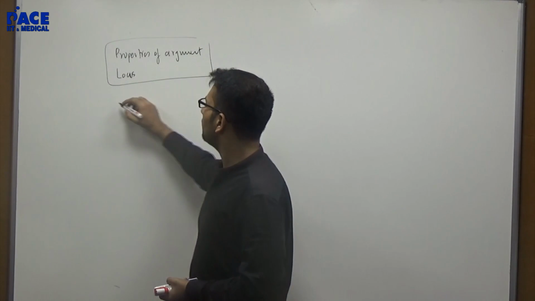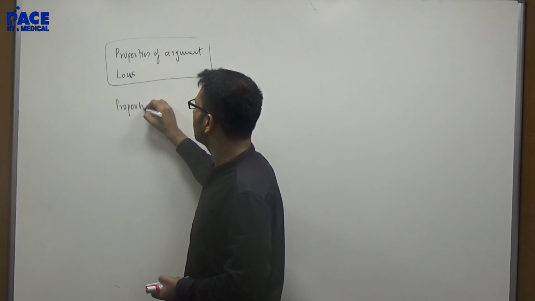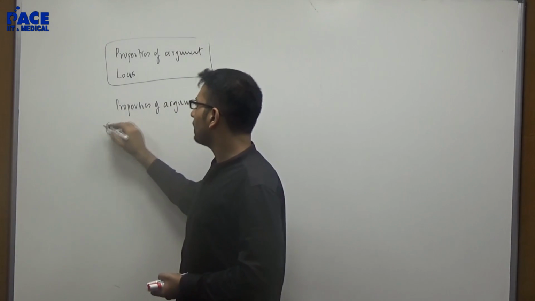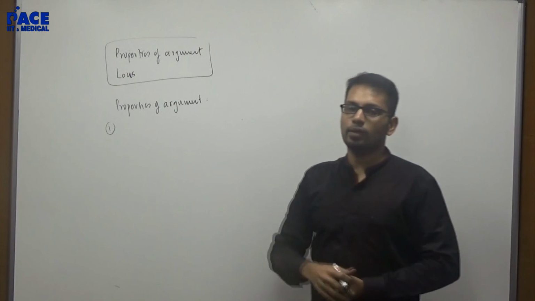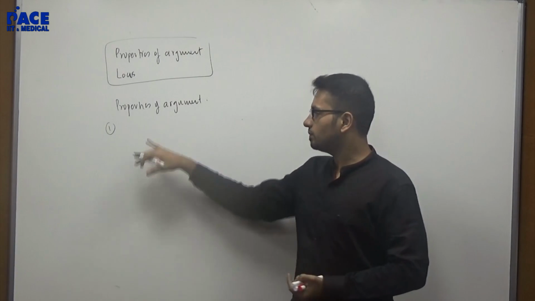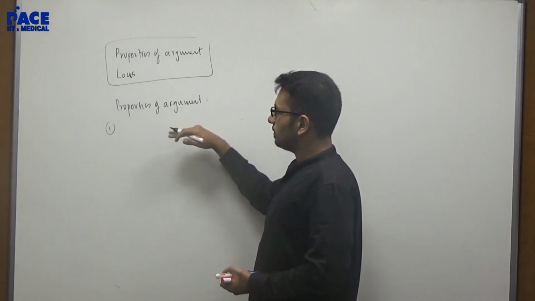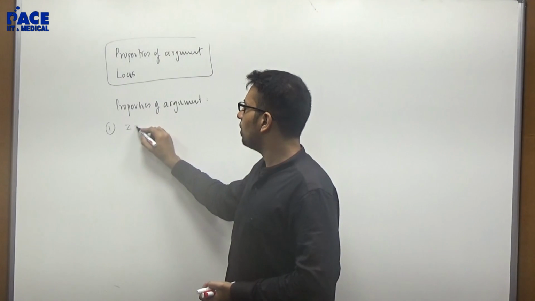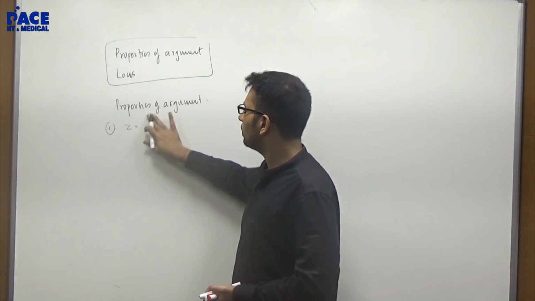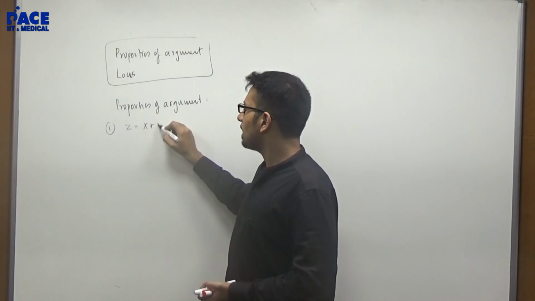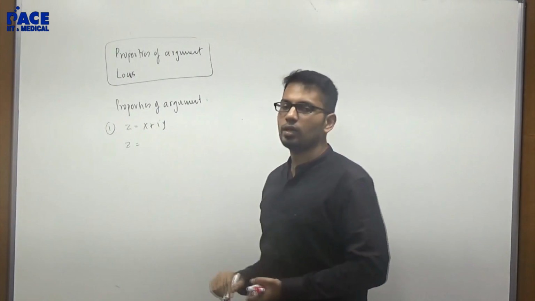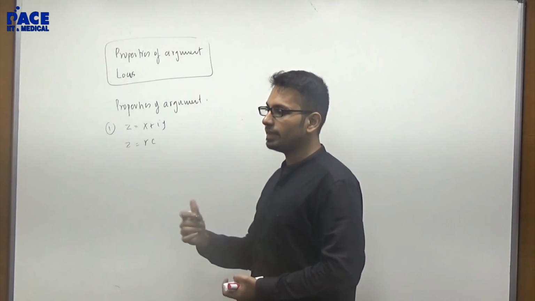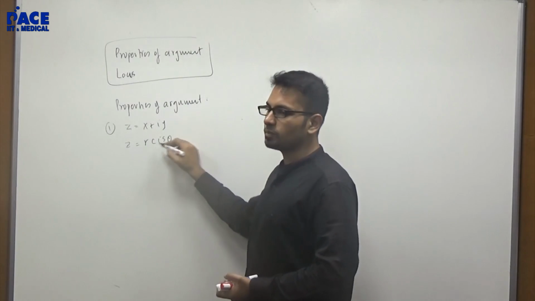Now, first thing I do, properties of argument. Now this is actually quite simple, क्योंकि तुम्हें सारा knowledge already दिया गया है, just sort this out. Suppose if I have a complex number z, okay, and z is x plus iy. इसको हम पोलर फॉर्म में ऐसे लिख सकते हैं r into cis theta, cos plus iota sin.